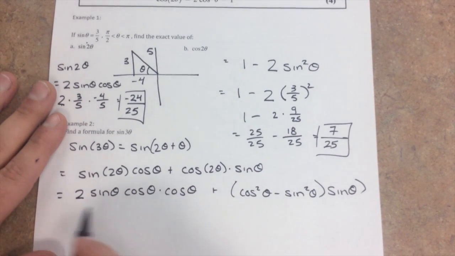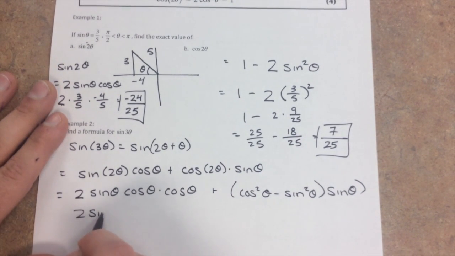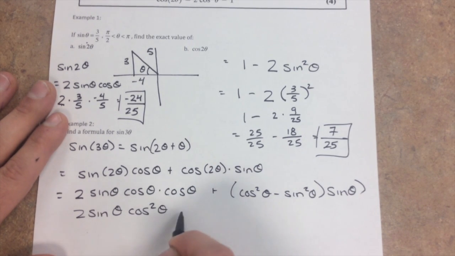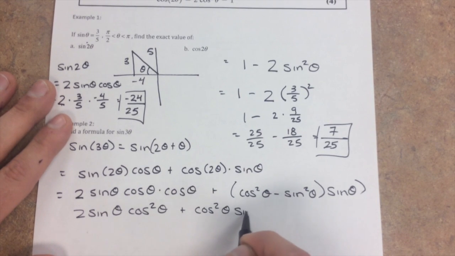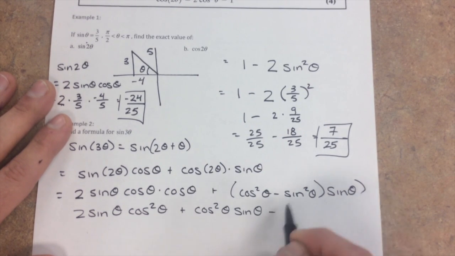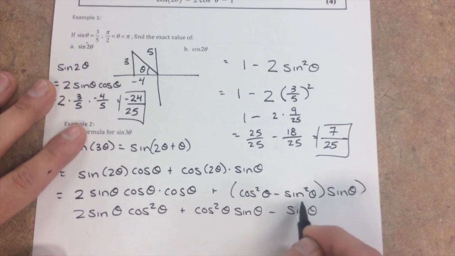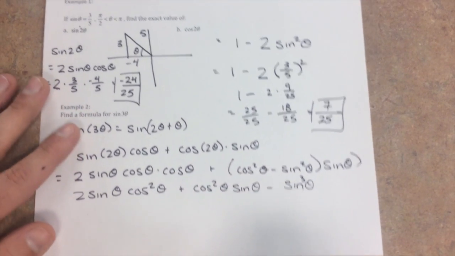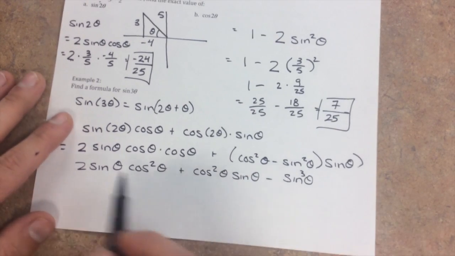So this gives me 2 sine theta cosine squared theta plus cosine squared theta sine theta minus sine cubed of theta.